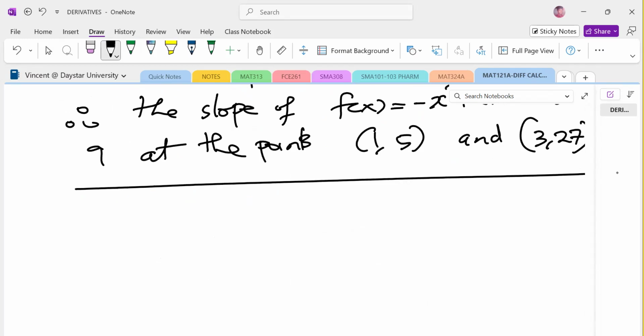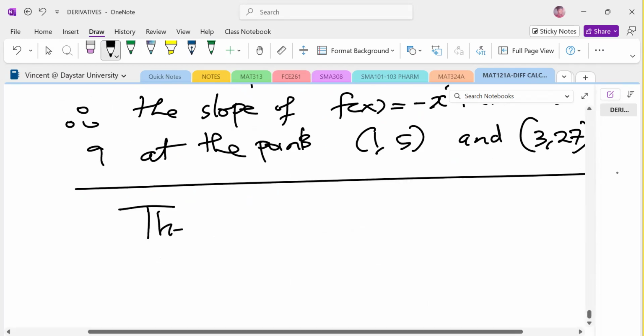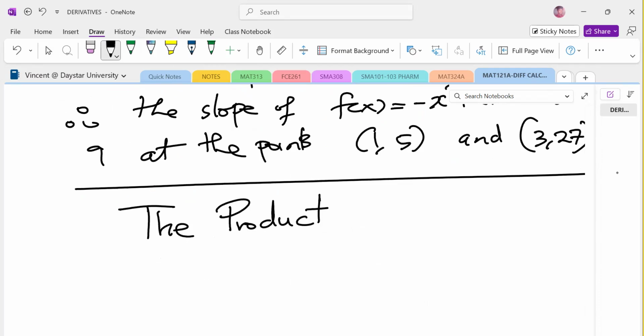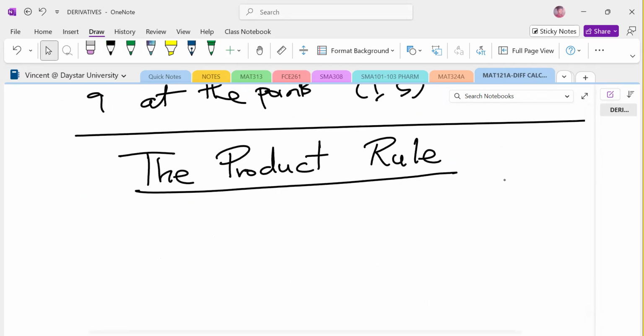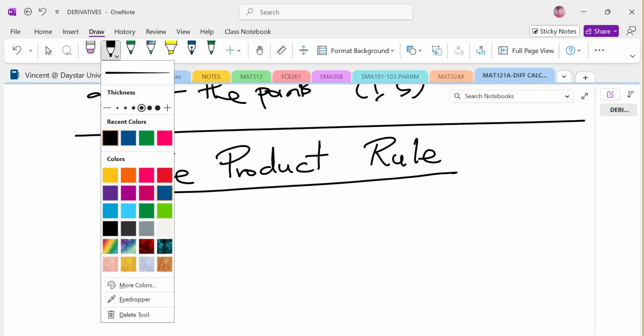So then next we have the product rule. So we require two differentiable functions, u and v.